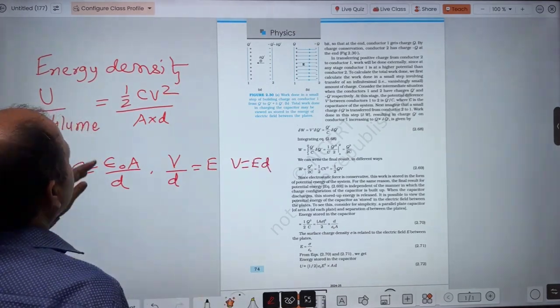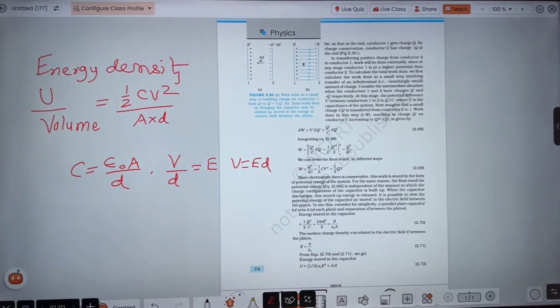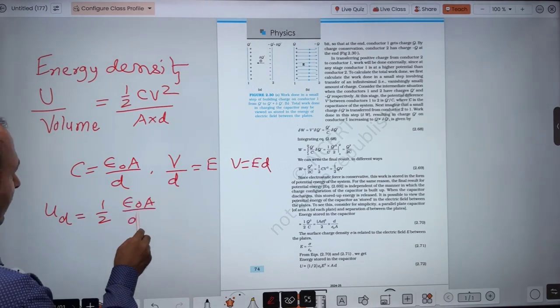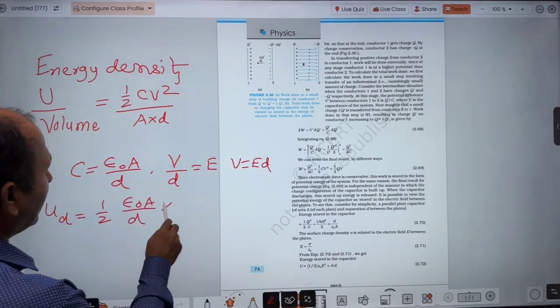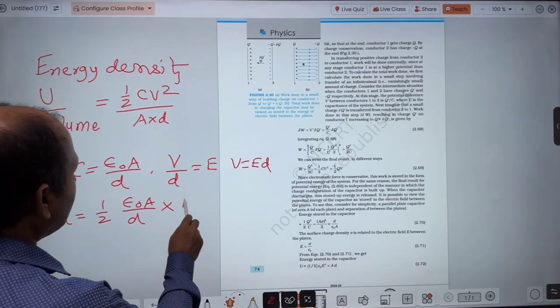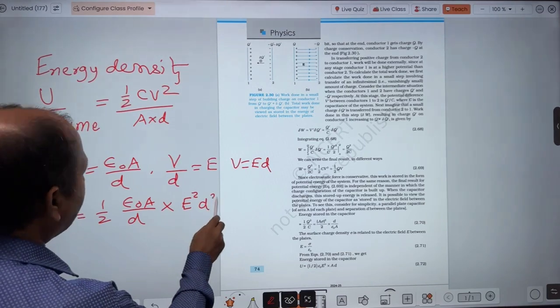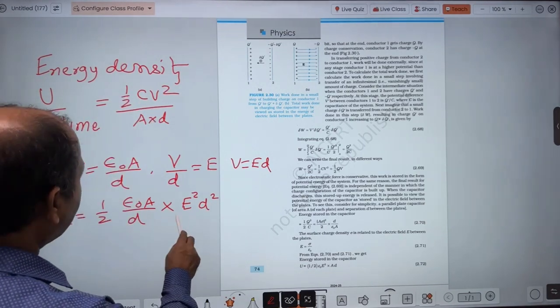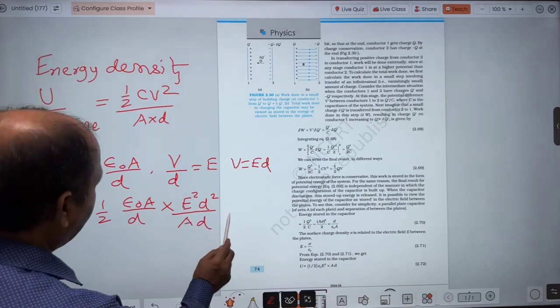So if you use these things, what do you get? Energy per unit volume, let's write it as U small d, energy density. Half C, meaning epsilon naught A upon D, half C into V square. Keep voltage as ED, so E square D square, half C V square divided by AD.